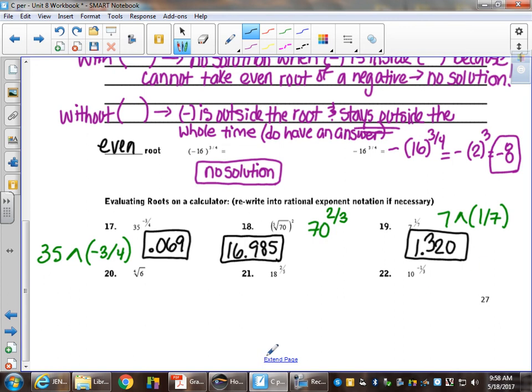At this point, I ask that you pause the video and actually finish doing 20, 21, and 22, and then I will check answers with you. So press pause right now, and then press play when you're ready to check answers. 20 is 6 to the 1/4, which would be 1.565 if I round to 3 decimal places. 21, you get 3.178.